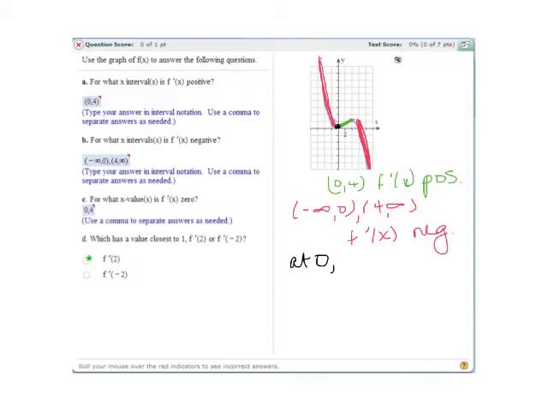And then there's another change at top of a hill, sort of. Another way to think of it is that the tangent line to the graph is horizontal. So if we picture a pencil resting on the curve at the top of the hill here, it would have a horizontal tangent line, where we have that change.